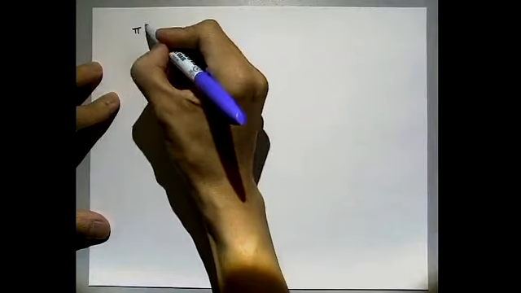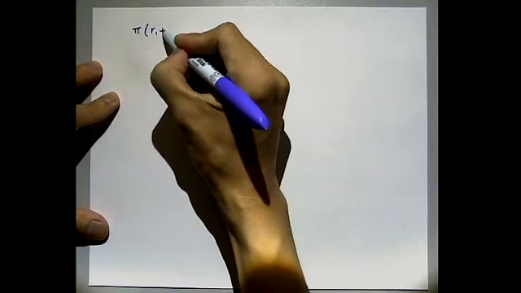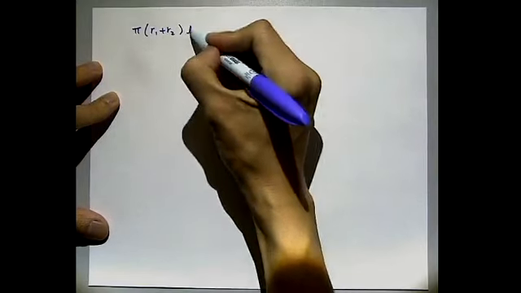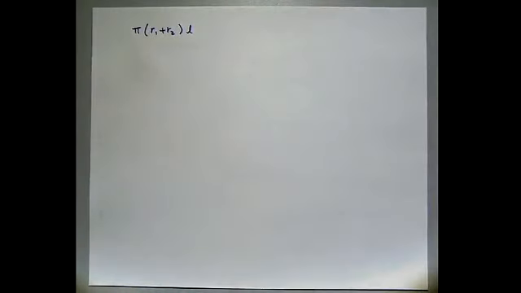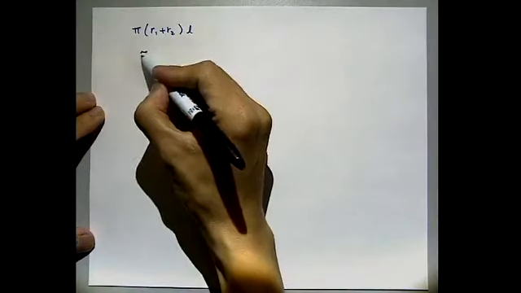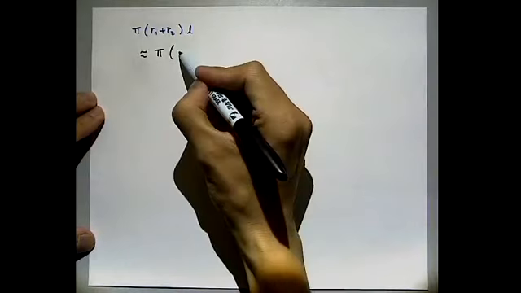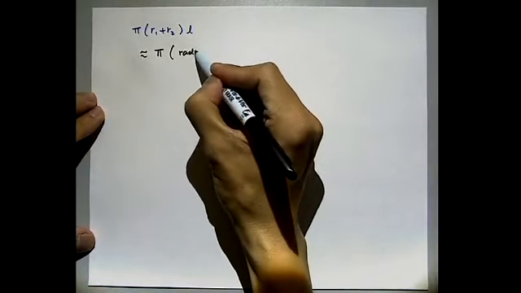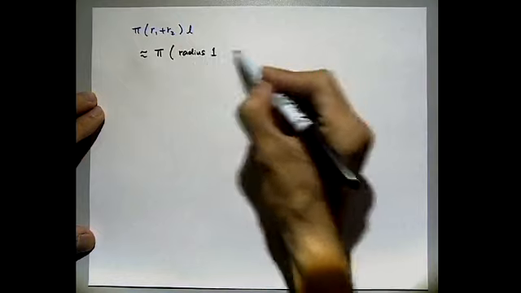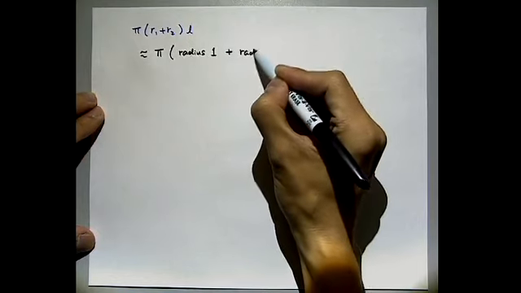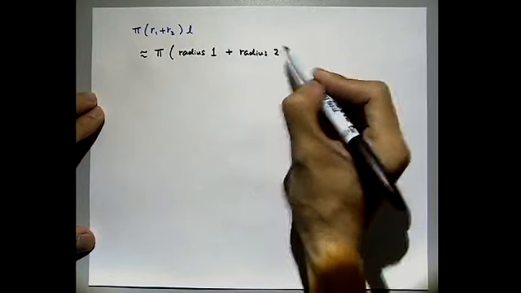All right, so pi times R1 plus R2 times L. My blue marker is dying, so we're going to use black. It's going to be roughly equal to pi times the, I'll call that radius 1 plus radius 2.